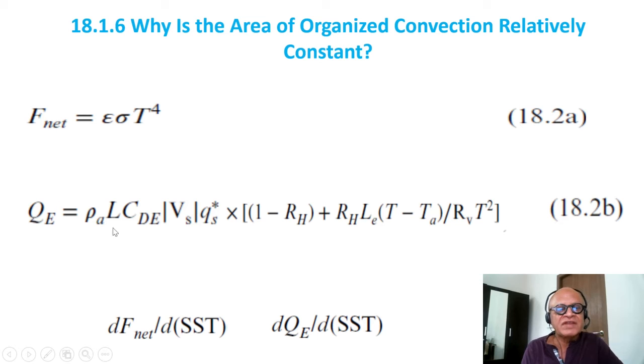And over the convective regions you have diabatic heating happening, which is related to the relative humidity and the temperature this way, with the density of the air, latent heat of vaporization and condensation, the exchange coefficient, wind speeds, saturation humidity times relative humidity, and all these nice terms, the ideal gas constant for water vapor, etc. If the convective region has to remain constant, that means the rate of loss of OLR, dF_net/dSST, has to approximately match the rate of heating, dQ_E/dSST.